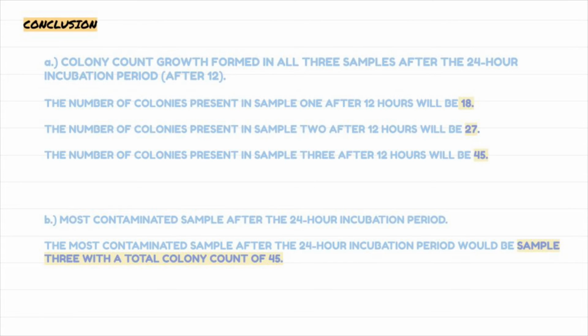At this point, we can now determine the colony count growth formed in all three samples after the 24-hour incubation period, or after 12 hours since the first recording. The number of colonies present in sample 1 after 12 hours will be 18, 27 in sample 2, and 45 in sample 3. Therefore, the most contaminated sample after the 24-hour incubation period would be sample 3, with a total colony count of 45.